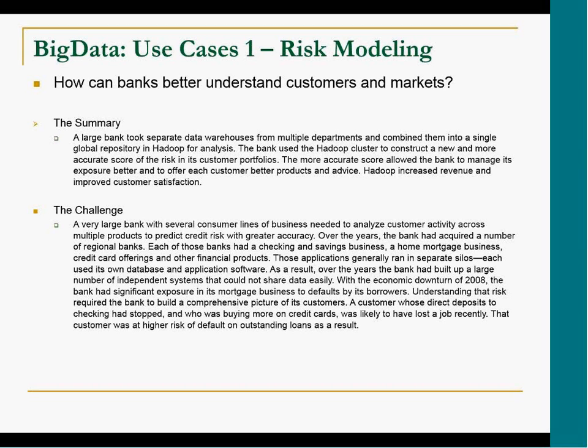Risk modeling. Every financial sector has started a separate department for risk modeling. Take the news of JP Morgan. They are paying around $900 million to the government.